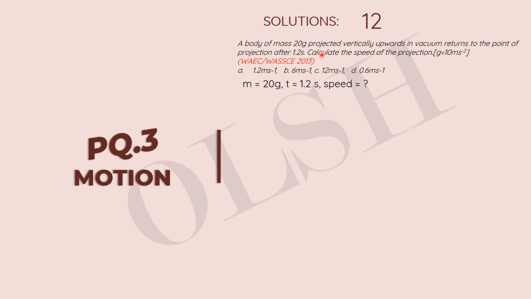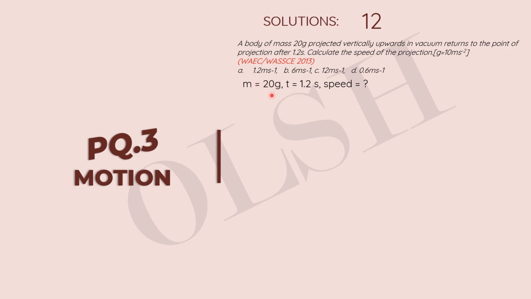Okay, we know that this is an equation that has to do with gravity. So our acceleration here is given as 10 meters per second squared. It's projected vertically upwards, which makes us know this is an equation that has to deal with gravity. Automatically, we know that mass isn't really needed because the pull of gravity doesn't depend on mass.